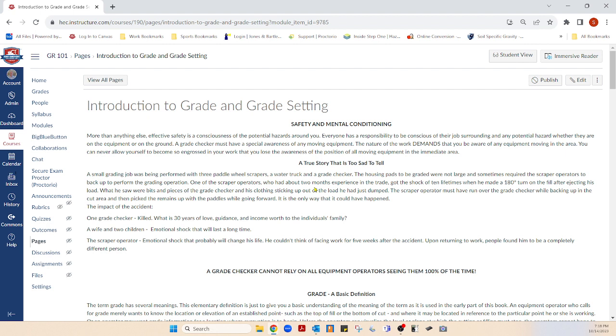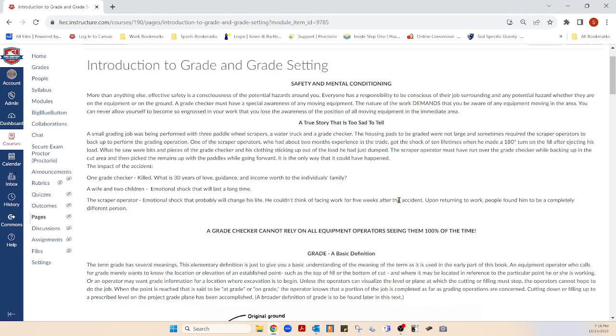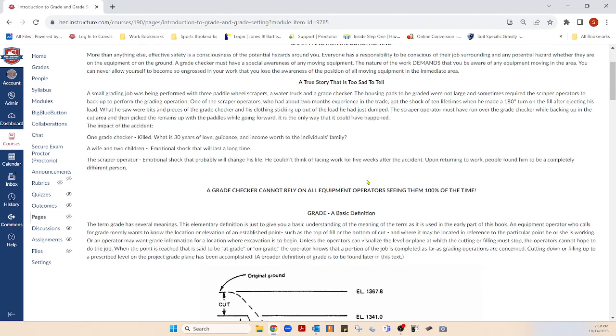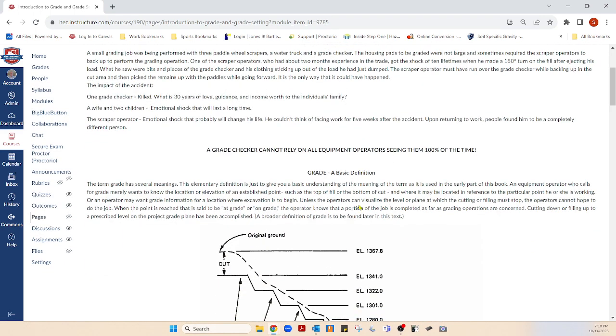At any rate, the operator runs and jumps in the scraper, cranks it up, takes off, turns on the paddle wheel, and the first thing he sees is pieces of the guy's clothes sticking up out of the load that he had just dumped. So it just kind of chewed him up, I guess. So you read it if you want, but we want to be safe.